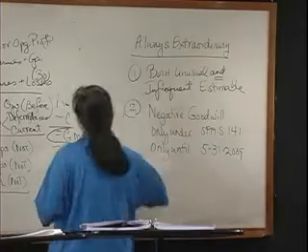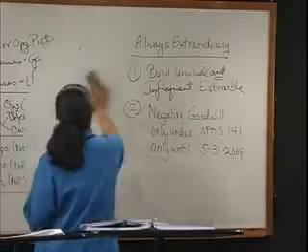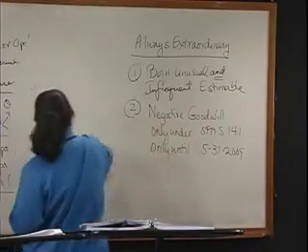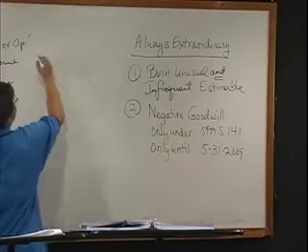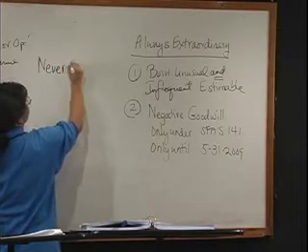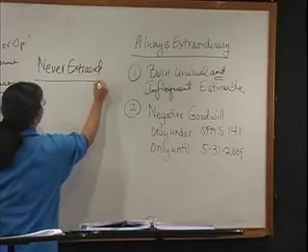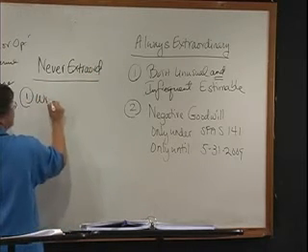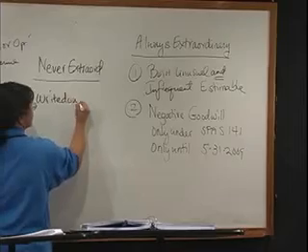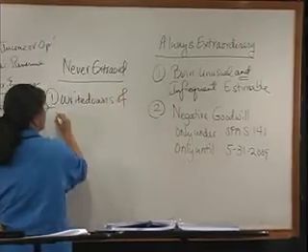So what are things that are never extraordinary? Items that are never extraordinary include any write-downs of assets.